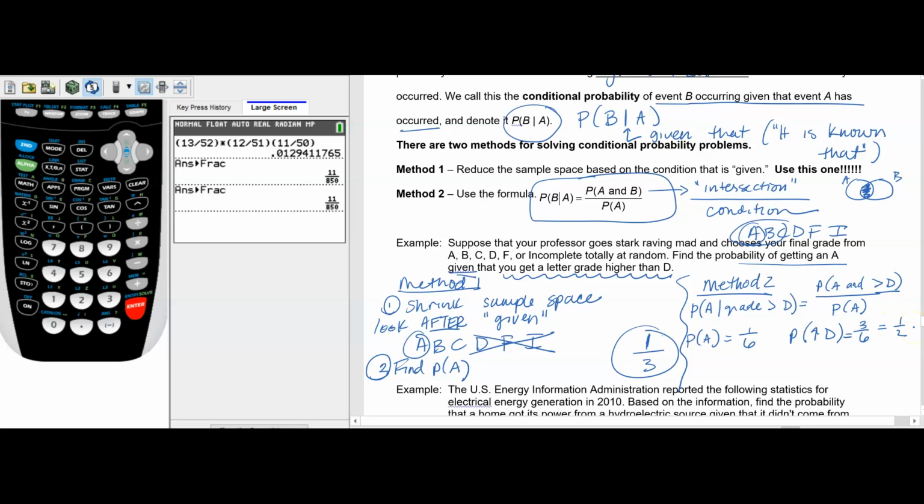And so now I'm going to put it all together. The probability of getting an A and a grade that's higher than D at the same time would be 1/6, okay, divided by 1/2.